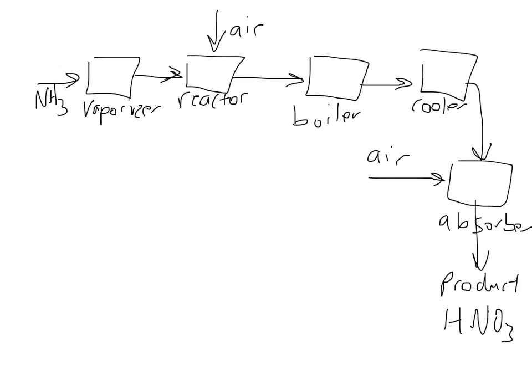Well, after we mix NH3 and air, it reacts to form some HNO3 and probably a little leftover air and NH3, and then we heat it up and we have the same components. And if this was a real diagram, I would go through and indicate the composition of this stream, this stream, this stream, etc. And then we'll have a complete idea of what's going on with this process.